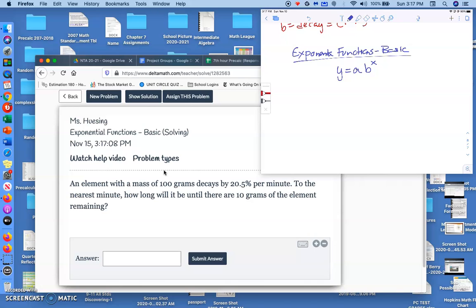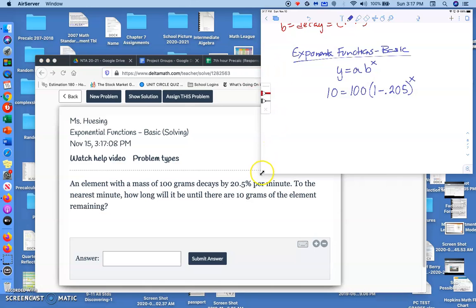To the nearest minute, how long until there will be 10 grams of the element remaining? So we have 10 equals 100 times, we know our rate, it's decaying, so 1 minus 0.205 to the x power, but we don't know the minutes.